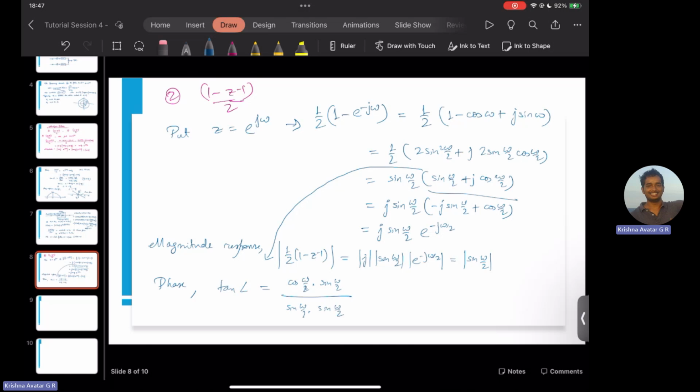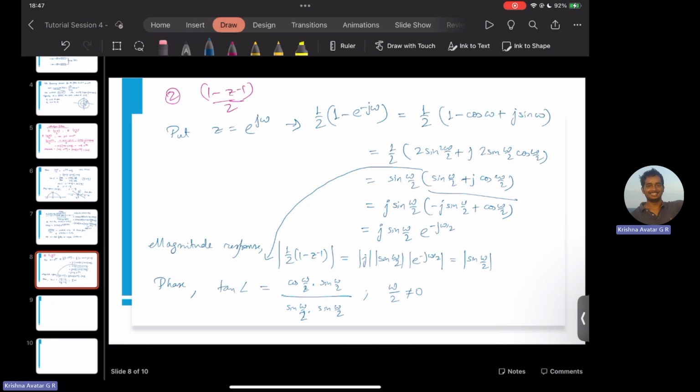And we recall that to be able to cancel sine omega by 2 in the numerator and denominator, we would not want it to be of the form 0 by 0. So that is the reason we preemptively remove that part by saying that omega by 2 is not equal to 0.